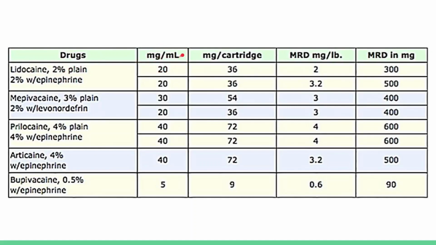هسا when we talk about the milligrams per cartridge، الكارتريج الوحدة قديش فيها 1.8 مليلتر، فإذا بدي أعرف الكارتريج كم فيها مليغرام راح أضرب 20 milligrams per milliliter multiplied by 1.8 milliliters، فهيك راح يضل معي 36 milligrams per cartridge, okay?